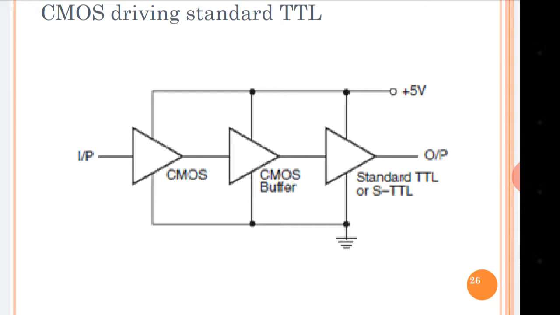Thus, the output of the CMOS cannot be connected directly to the standard TTL. To overcome this problem, CMOS buffers are used as shown in this diagram. There is an IC present for this, that IC is 74C902, which is a hex buffer, and that IC can be used whenever CMOS is driving the TTL.